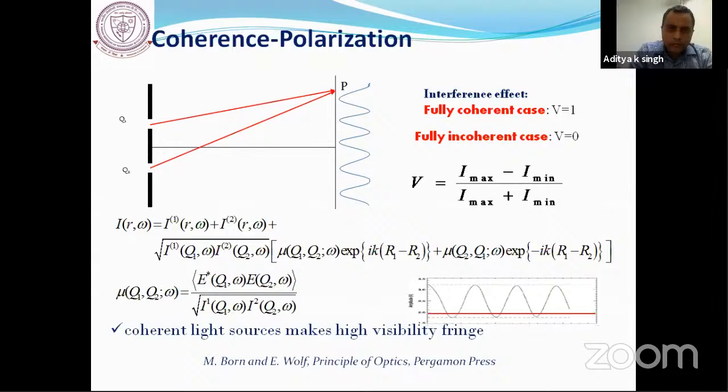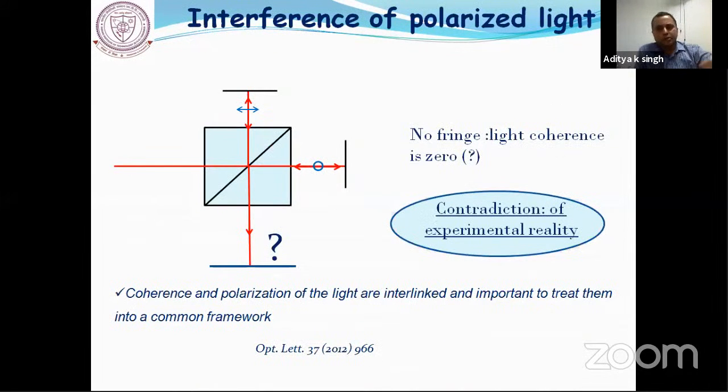But in the question I just raised, with interference of orthogonally polarized light, we never get any contrast in the interference pattern, even though we know the source we are considering is fully coherent. To answer these questions, a lot of work and discussion is going on presently to give a proper definition of the degree of coherence and polarization.